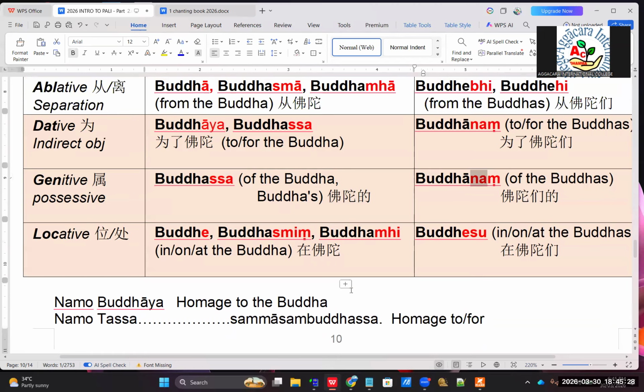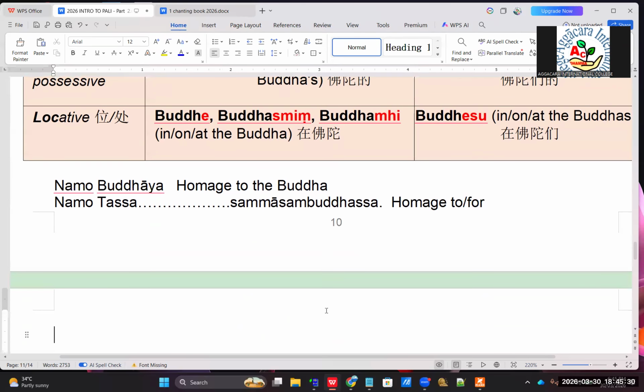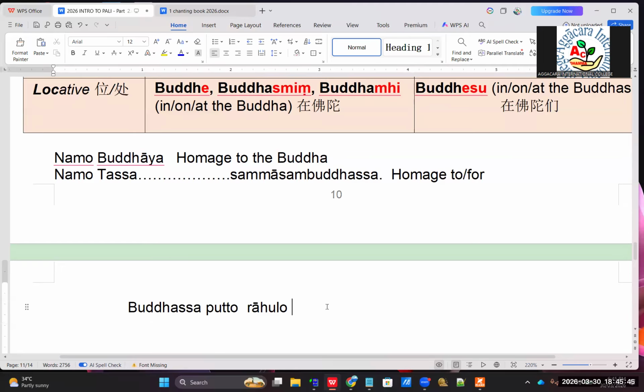For example, Buddhasa Putto Rahulo. Buddha's son is Rahula.